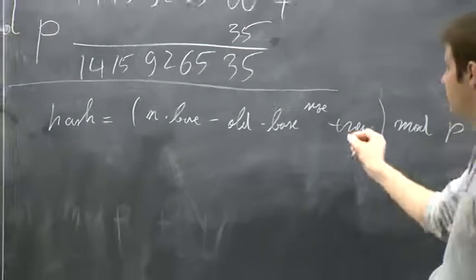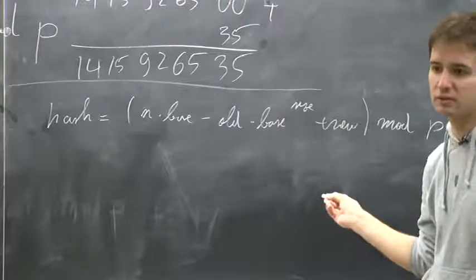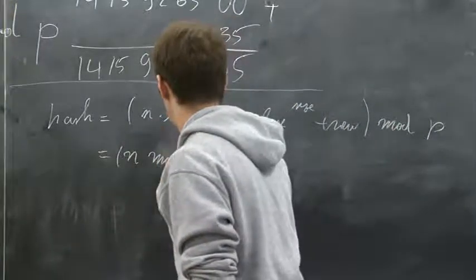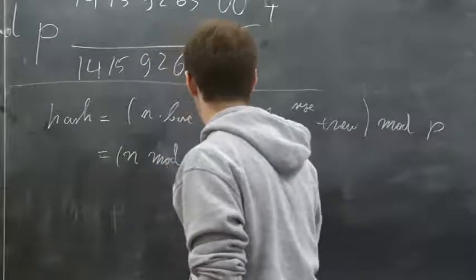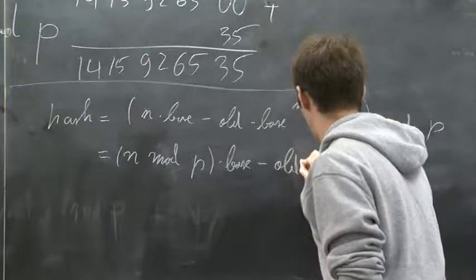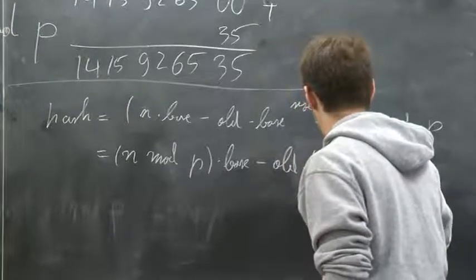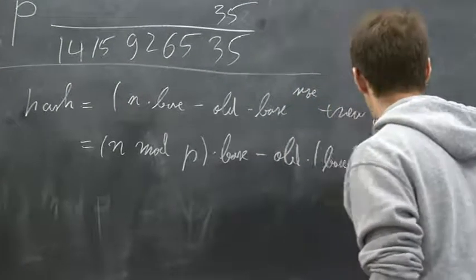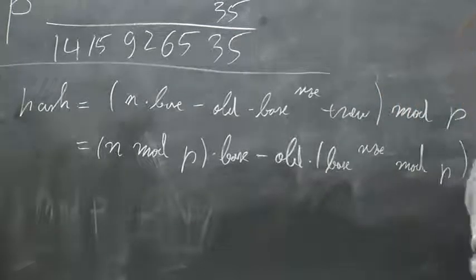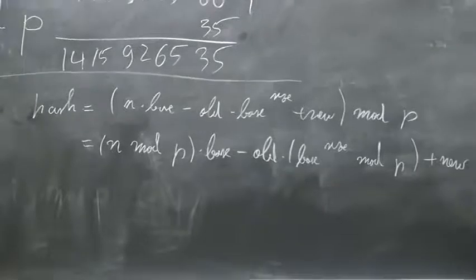Now let's distribute this. I know I can distribute modulo across addition and subtraction, so I have n mod p times base minus old times base to the size mod p plus new. And everything still has to be mod p.